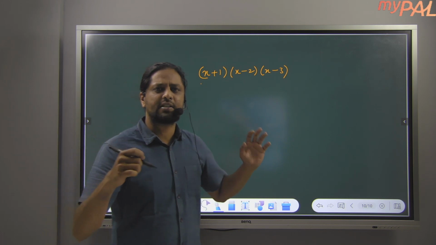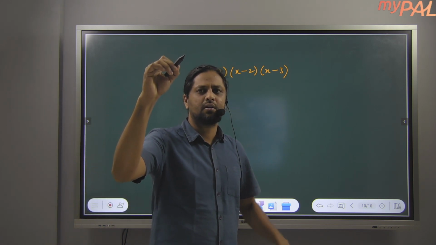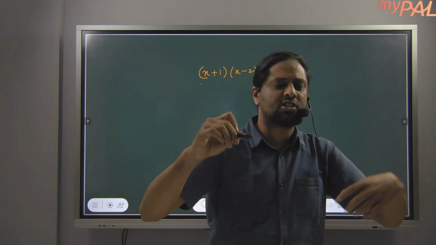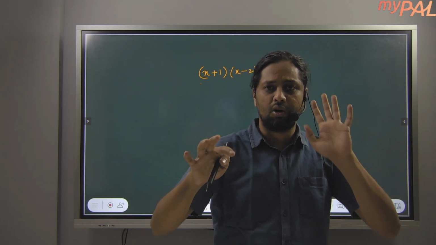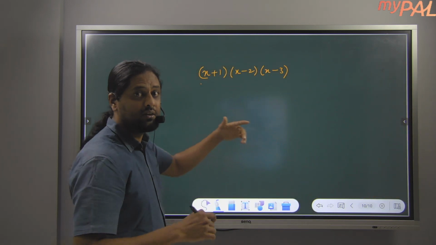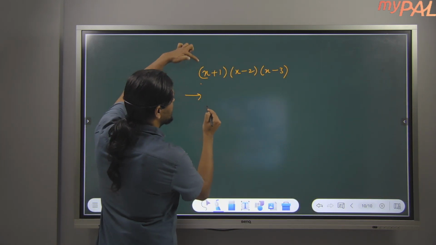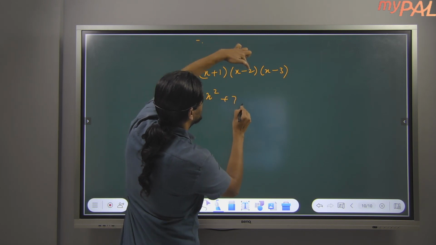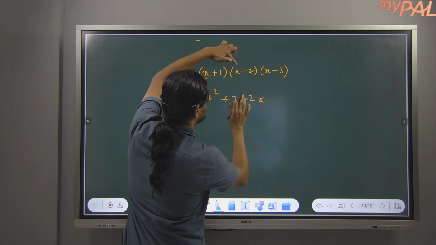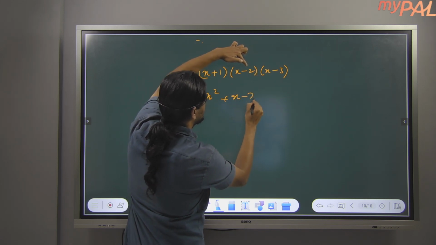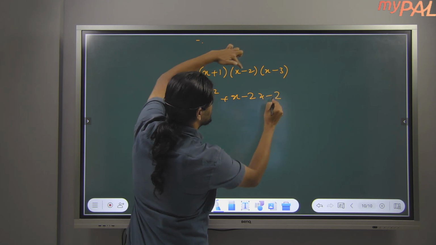So when you're solving, say for example you're a right-handed person, what work do you give for your left hand? Scratching your head, bench, something of that sort. No, please make use of your other hand also. How do you make use of your other hand? See here, when I'm solving any question, just do this: x into x, x square, 1 into x, x into minus 2, minus 2x, plus 1 into minus 2, minus 2.